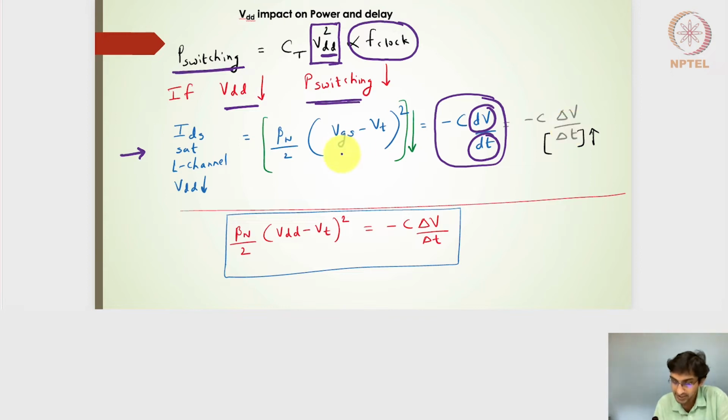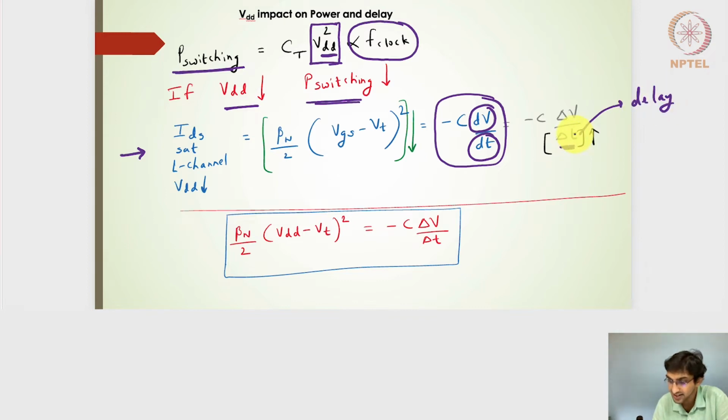what I'm going to say here is, if this current decreases, this delta T component increases, because the current is inversely proportional to delta T, which in a very approximate manner we can call the delay.